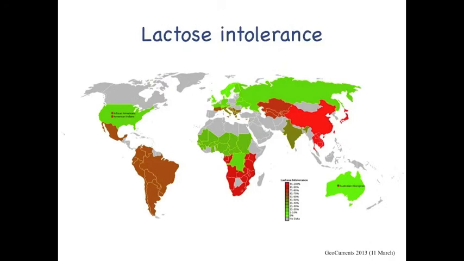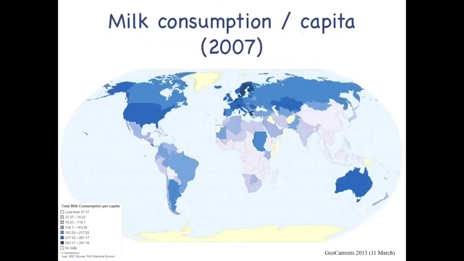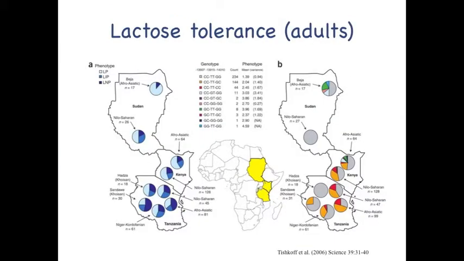It goes even further. If you look across the planet, you see lactose intolerance, where red is very high intolerance, like China, and green is very low intolerance, so ability to digest, like Europe here. It reflects the milk consumption, more or less, for obvious reasons. If you go to Africa, this is a very recent study which is really interesting, it shows that African people who live in the Sudan and Kenya and Tanzania have different versions of this lactase enzyme.